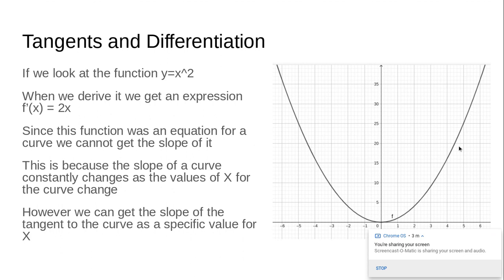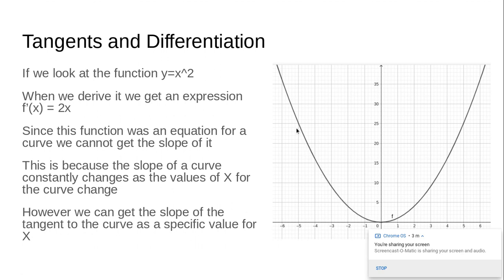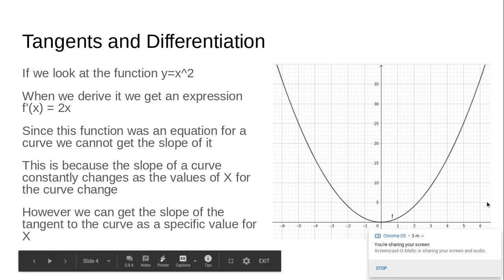As I travel along my curve, the steepness constantly changes, decreasing to a flat line here and then changing again to an increasing negative value here, okay? So it's impossible to get the slope of a curve because the slope of a curve constantly changes as the values of x for the curve change. In other words, as I'm going from left to right.